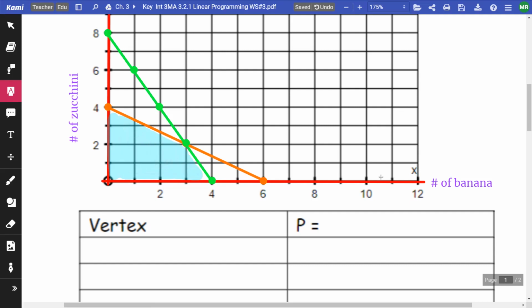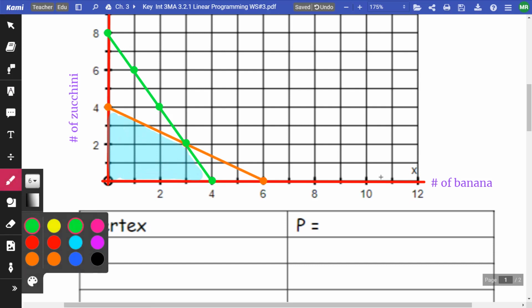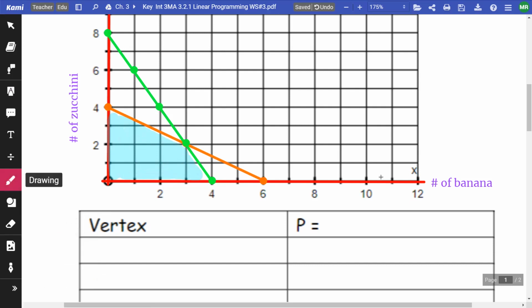And then for this, I'm going to draw it temporarily in yellow. If I was following it, I would have a vertex here, a vertex here, a vertex here, a vertex here, and then it comes back here. Okay, so that's my bounded region.